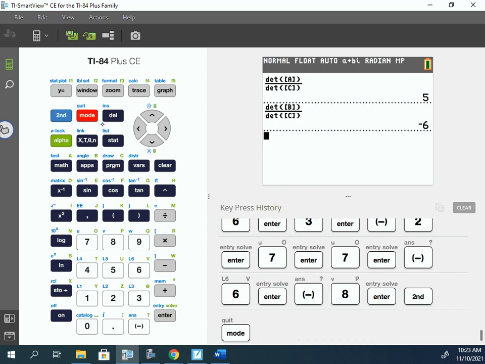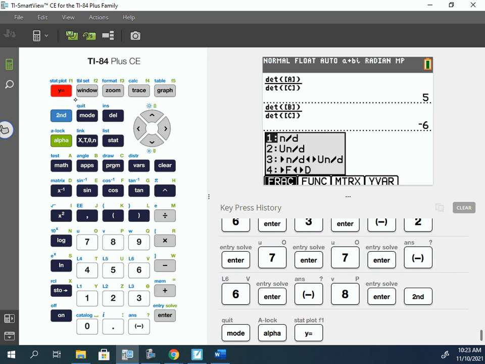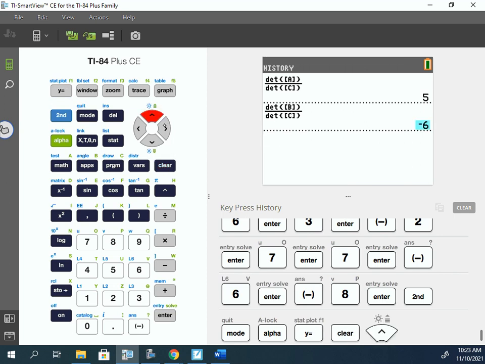Second quit. We can go alpha, y equals, enter if we want to, or I can grab this again. Now, are we actually wanting matrix B over matrix C?